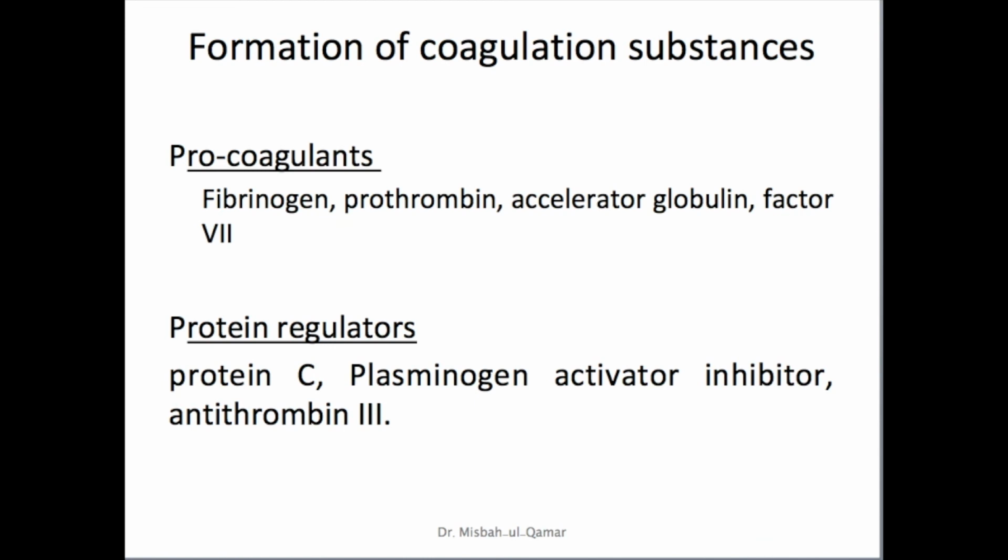As mentioned earlier, the liver is involved in the formation of blood substances used in coagulation. It makes most of the procoagulants with the exception of factors 3, 4, and 8.